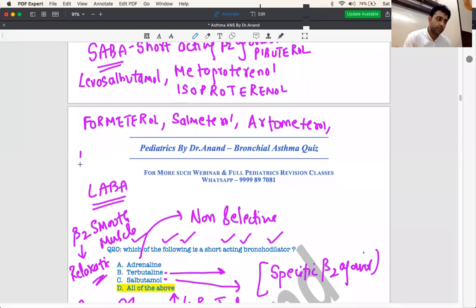And then we have indacaterol. These names you should know in general. And olodaterol. These all are the long-acting beta agonists. Names you should know.